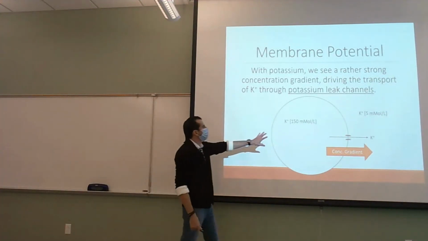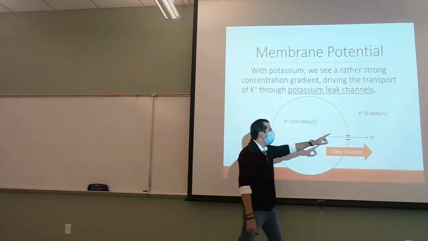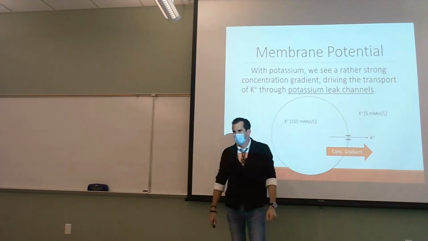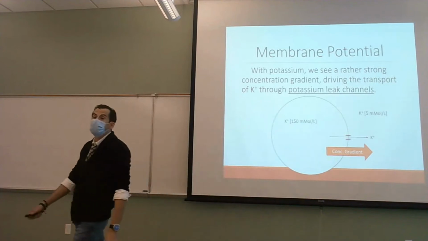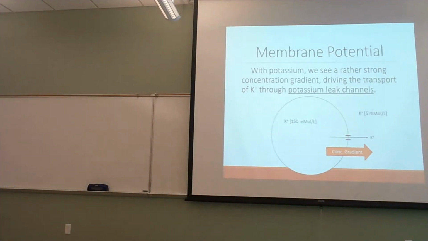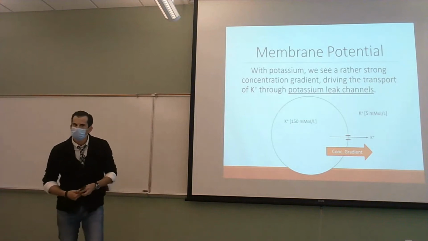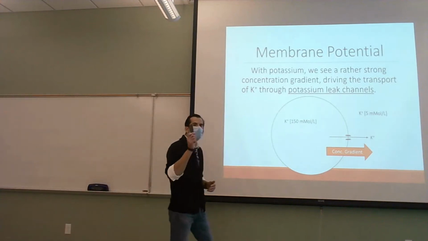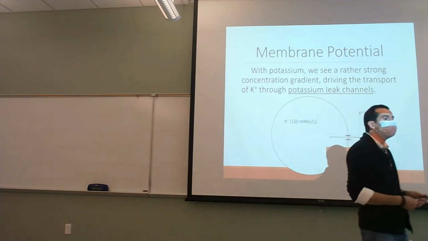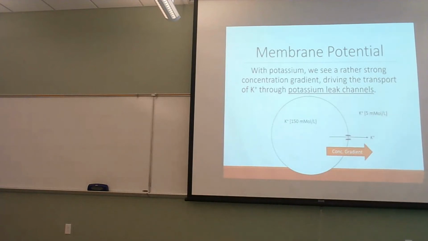Potassium is high concentration inside the cell, low concentration outside the cell. What type of transport did we talk about that involved the movement of a solute from a high concentration to a low? Diffusion. In this case, because it's an ion, we're talking about facilitated diffusion. We will always see diffusion occur from a high concentration to a low.